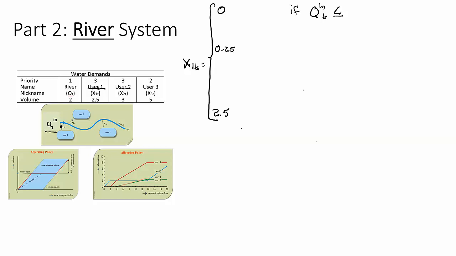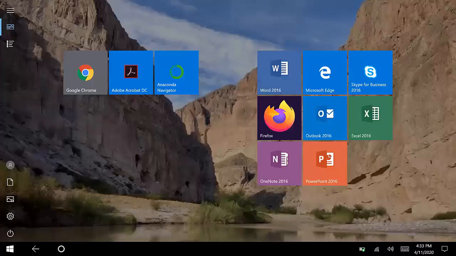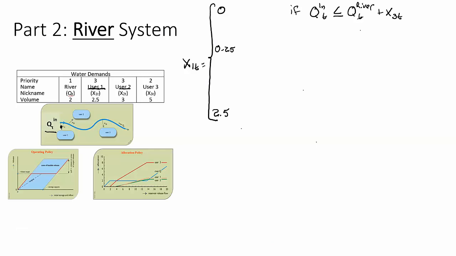So when it is less than the amount needed for the river plus the amount needed for user number 3, which both of them have higher priority, so that's when this will happen. Okay, that's when the user will only receive 0.